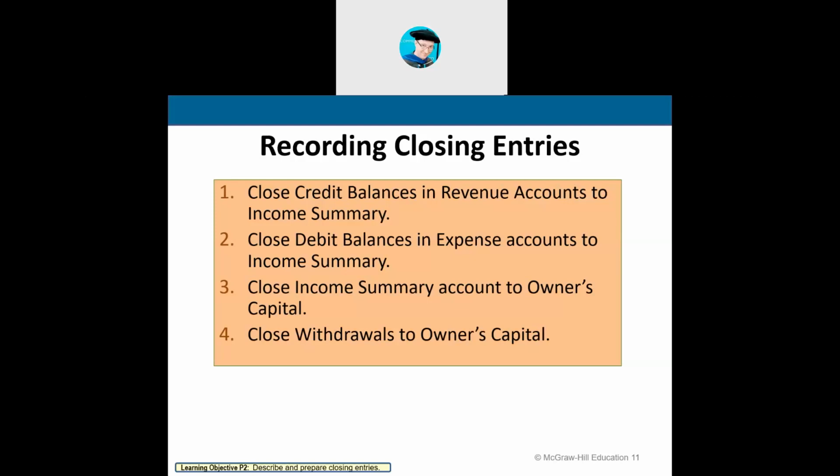We debit our income summary account, and we credit our expense accounts. So basically I'm moving it from the debit side to the credit side, and our new debit account is called income summary. This is how we close it out.